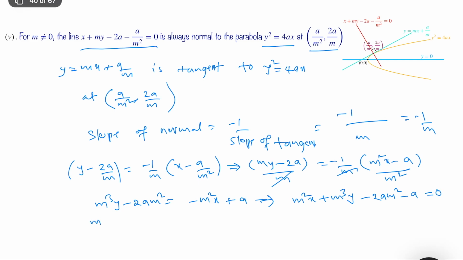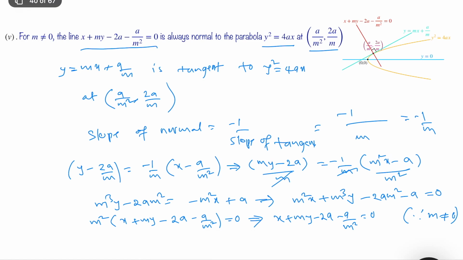If I take m square common, then x plus my minus 2a minus a by m square equal to 0. Since m is non-zero, we must have x plus my minus 2a minus a by m square equal to 0.